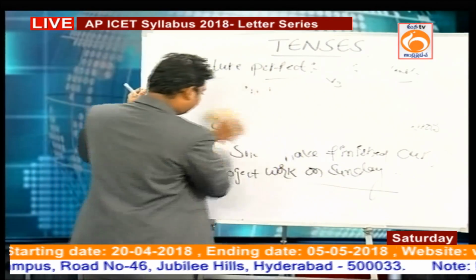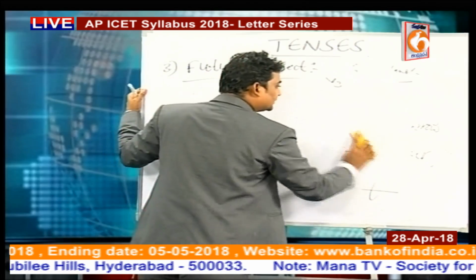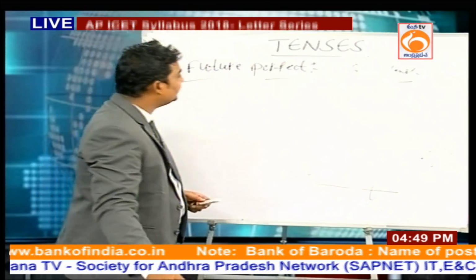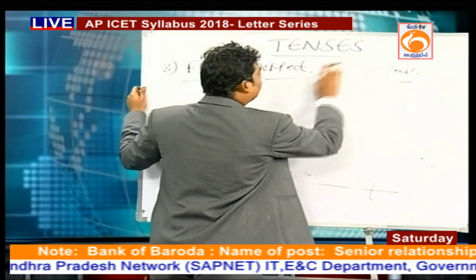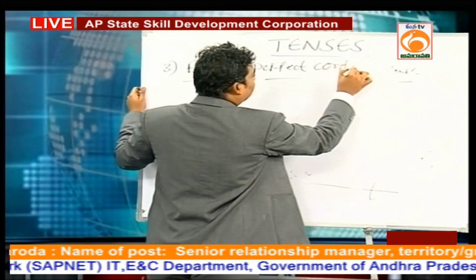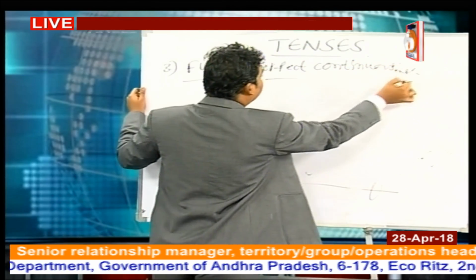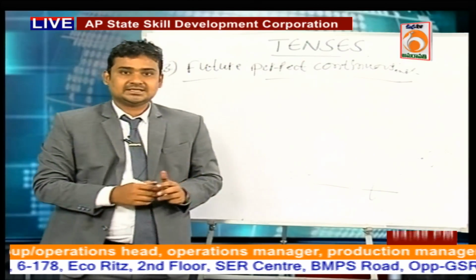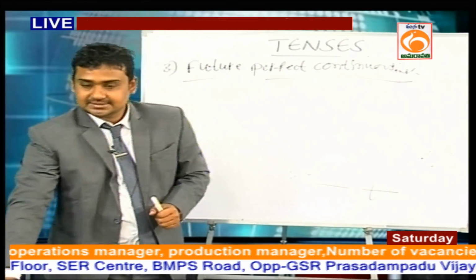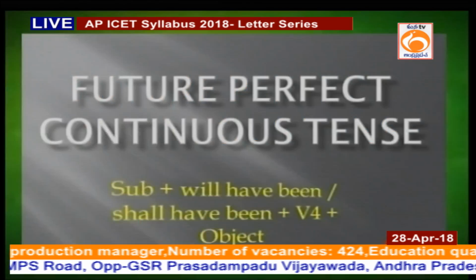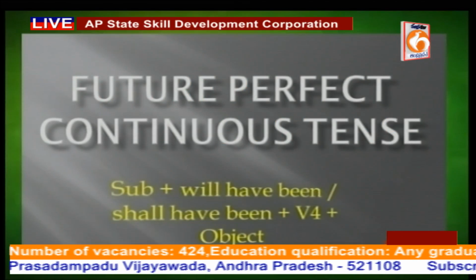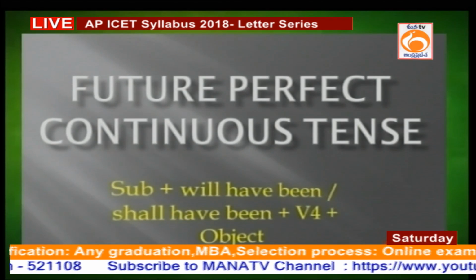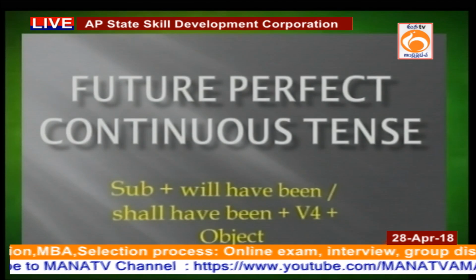Next, I am moving to future perfect continuous tense. Generally we are not using future perfect continuous tense, I will just give you the structure form: subject will have been or shall have been plus V4 plus object.